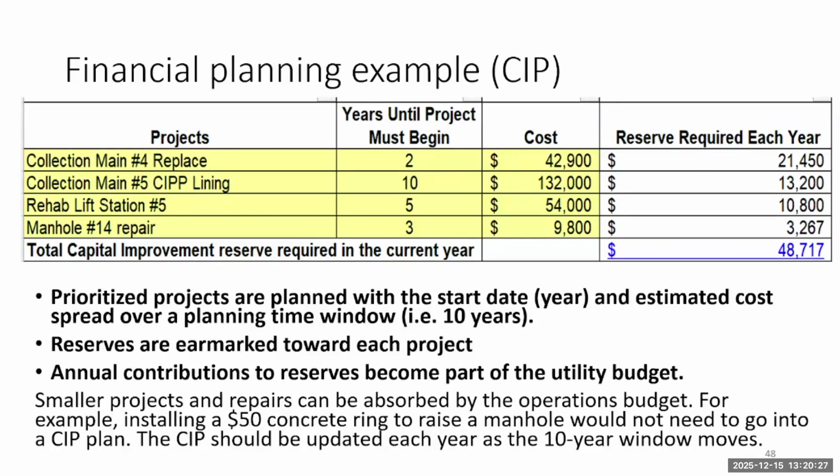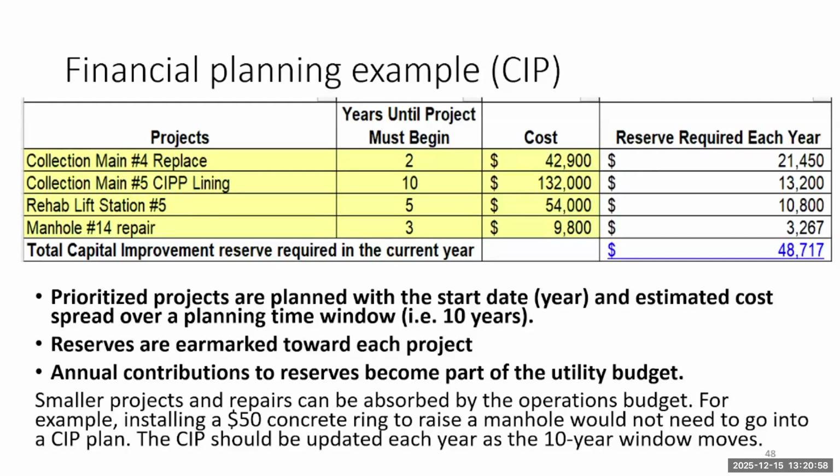And then the reserve that's required each year is the cost divided by the number of years that we have to save that money or set that money aside. So our total capital improvement reserve required in the current year is $48,717, based off of those costs and the number of years that we have to pay.